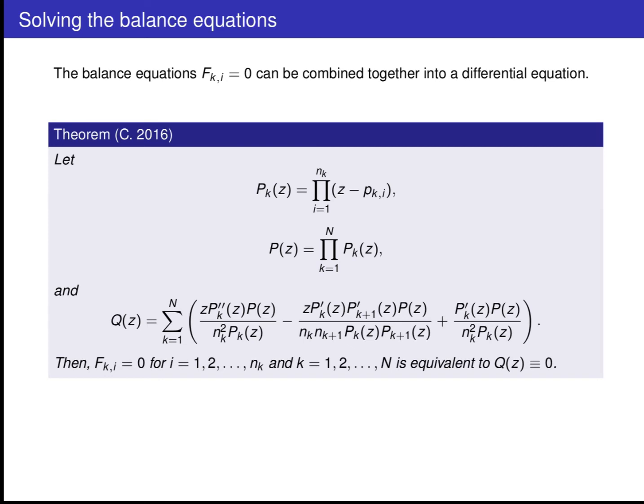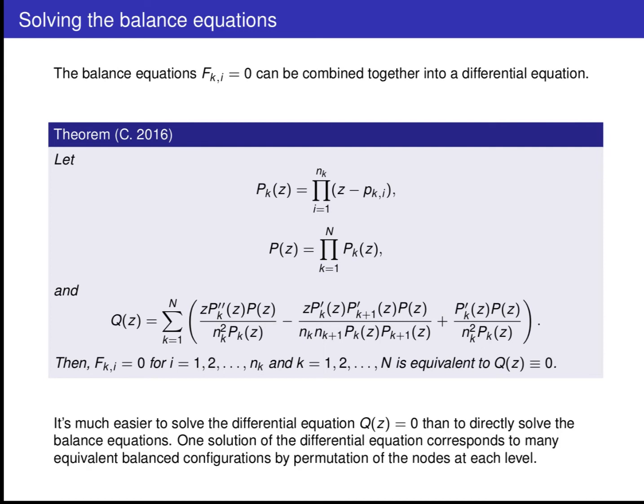And then let p(z) be the product of all of those polynomials, the p_k(z) polynomials. Then we get this differential equation given by the q(z). And it happens that this theorem tells us that the force equations will all be equal to 0, that's equivalent to this differential equation being identically 0.